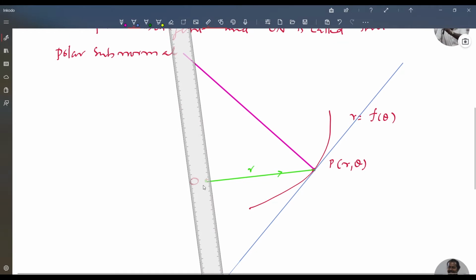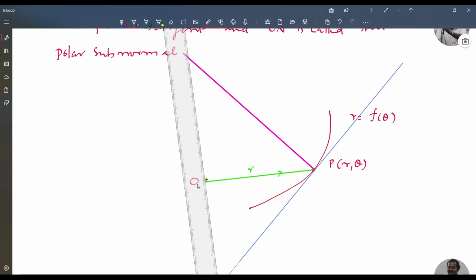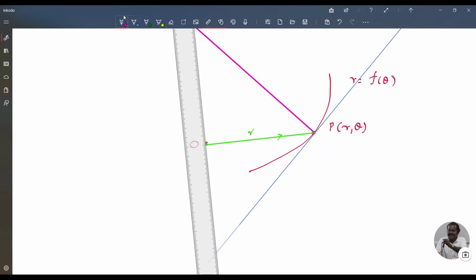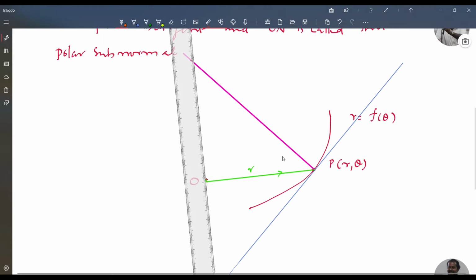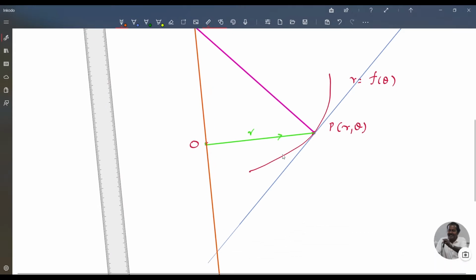Then you draw the line which is perpendicular to the radius vector.